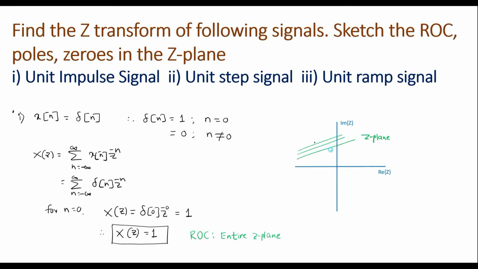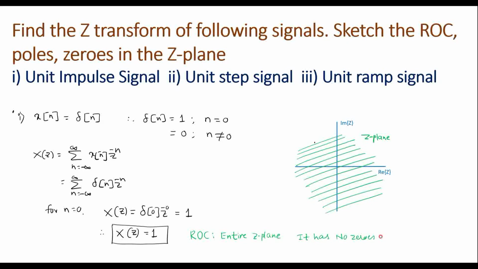We can show the ROC like this, that is, the entire z plane. As x of z is equal to 1, it doesn't contain any zeros or poles. It has no zeros and poles.